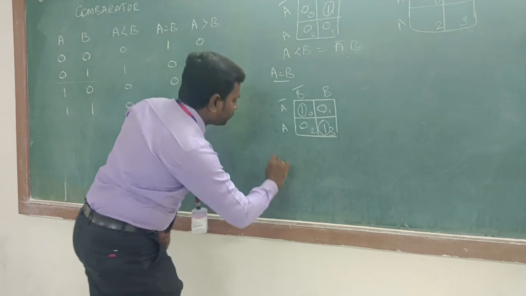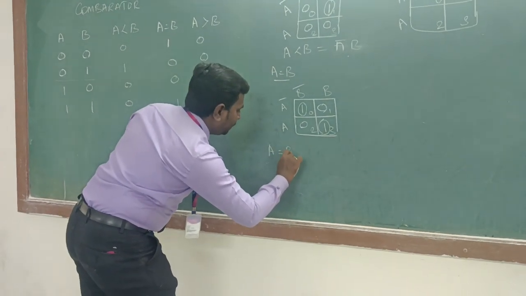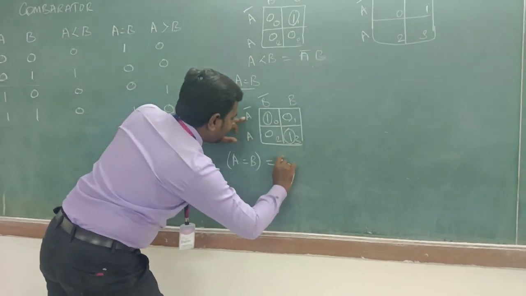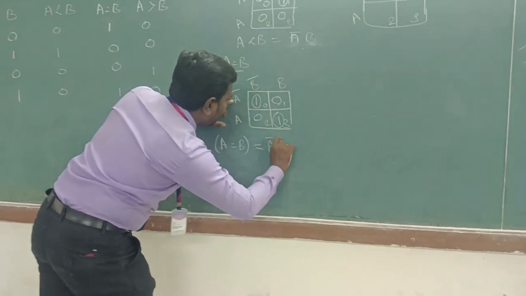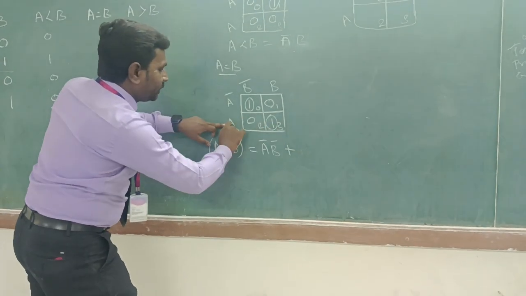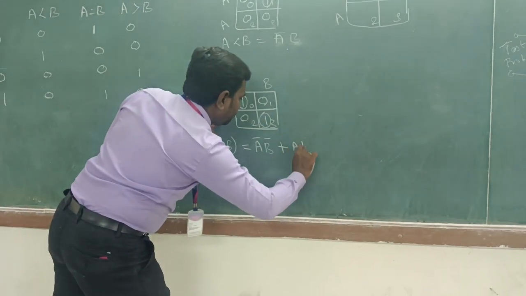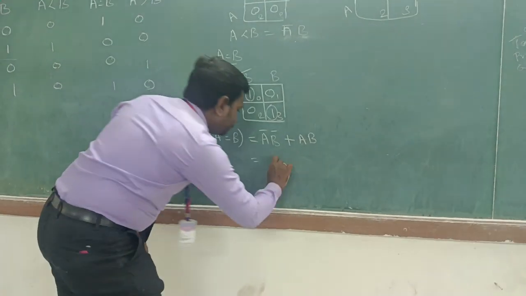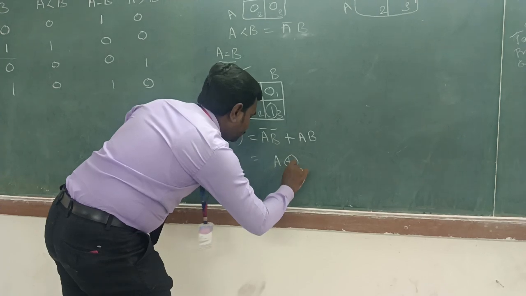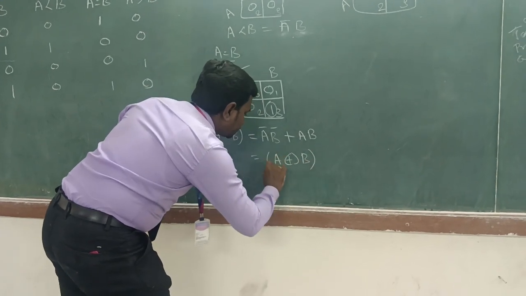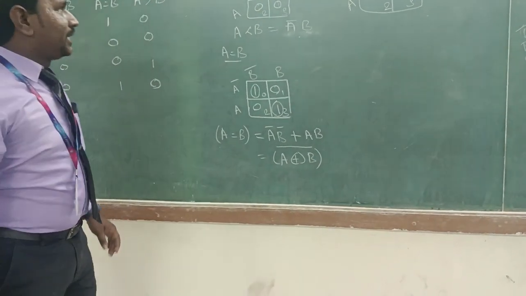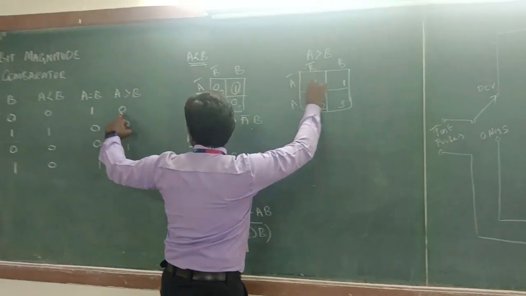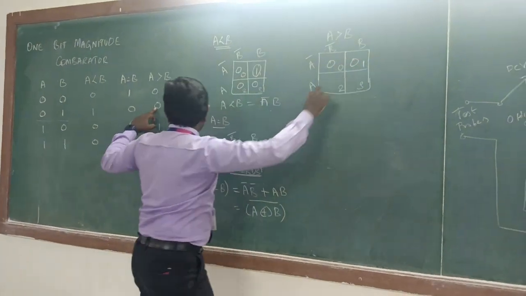So A is equal to B is equal to, for this one it is represented as A bar B bar plus, for this group it can be represented as A B. So this is in the format of A XNOR B. So I am representing it as A XNOR B.